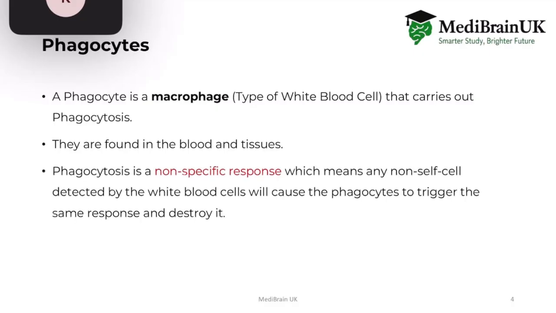And phagocytosis, as I mentioned, is a non-specific response, which means that for any non-self cell detected by the white blood cells, they will cause the phagocytes to trigger the same response and destroy it. This is why when you have an organ transplant, you have to have the same DNA as the person donating the organ, or there is a risk that your organ may fail.